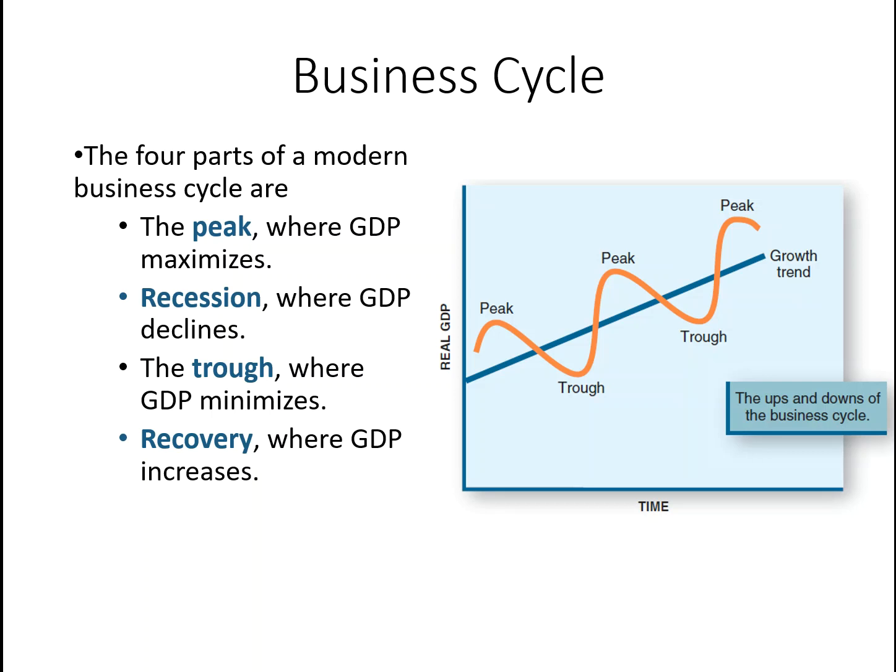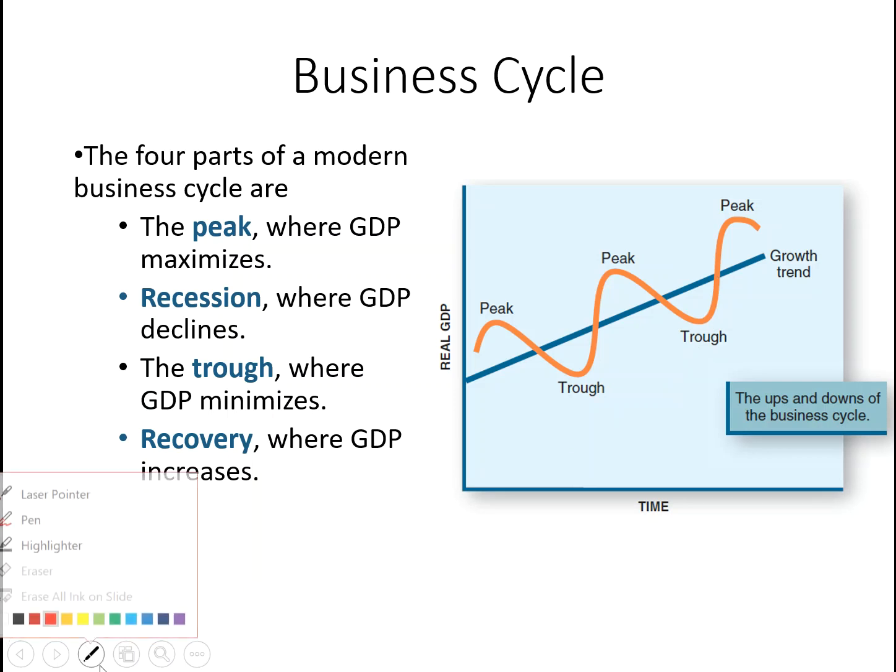The second stage is called the recession, where GDP declines. Keep in mind, recession is not the Great Depression. We will distinguish them later. Recession is pretty normal. It's where GDP is declining.